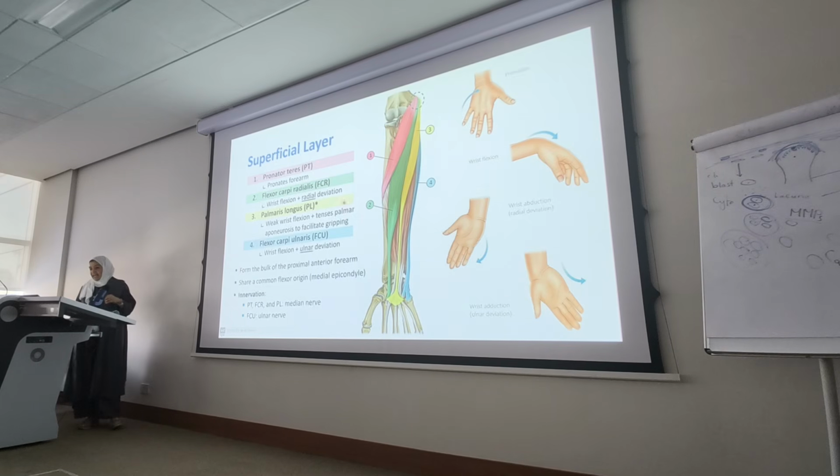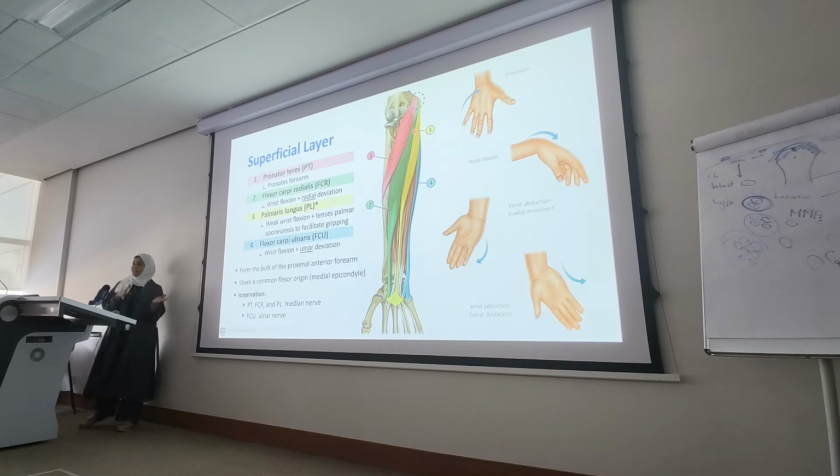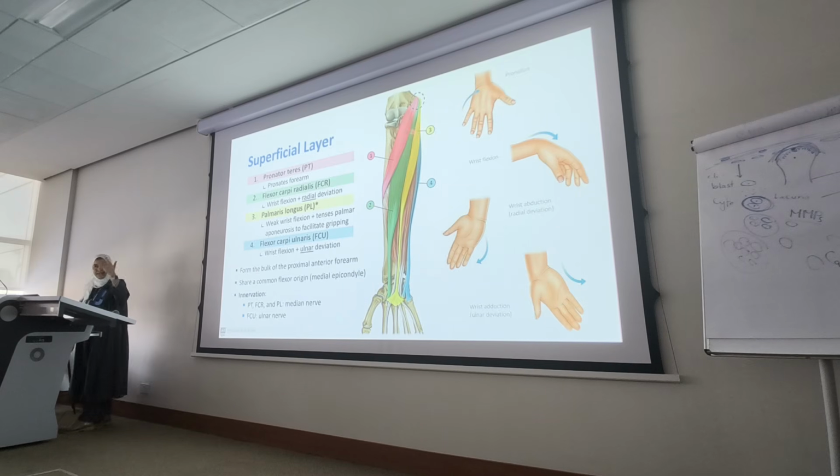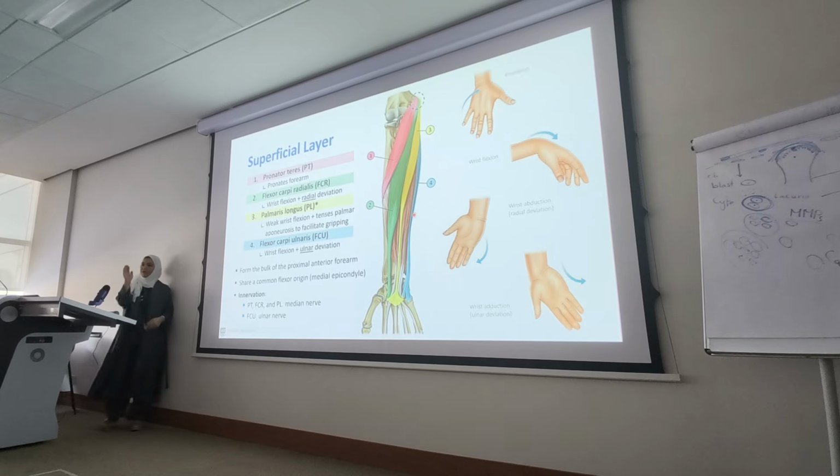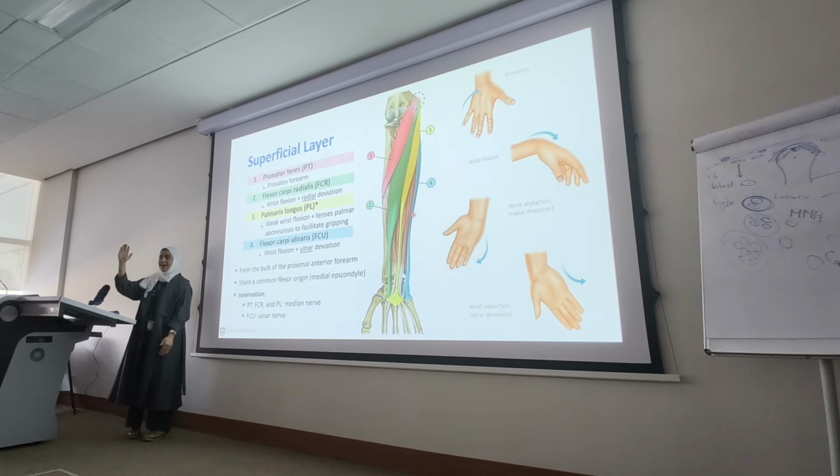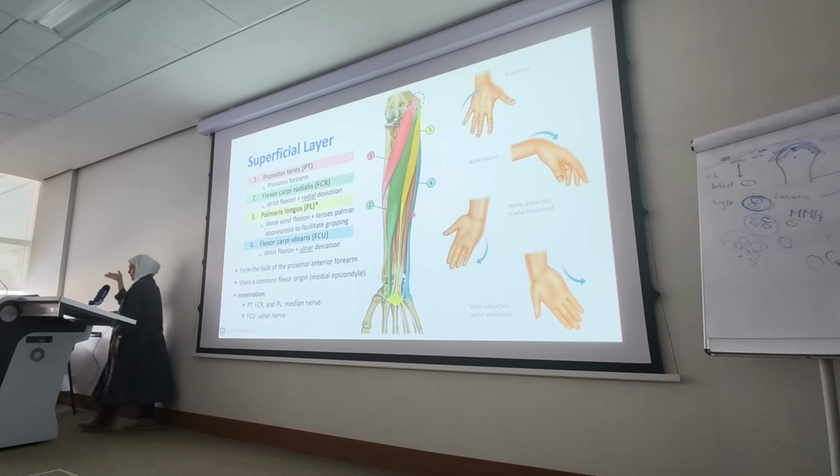Okay? And then lastly, we have the flexor carpi ulnaris. So again, just going off of that naming strategy, it's a flexor, it's going towards the carpal bone, but it's traveling alongside the ulnaris, meaning it's capable of flexion and ulnar deviation. Beautiful.